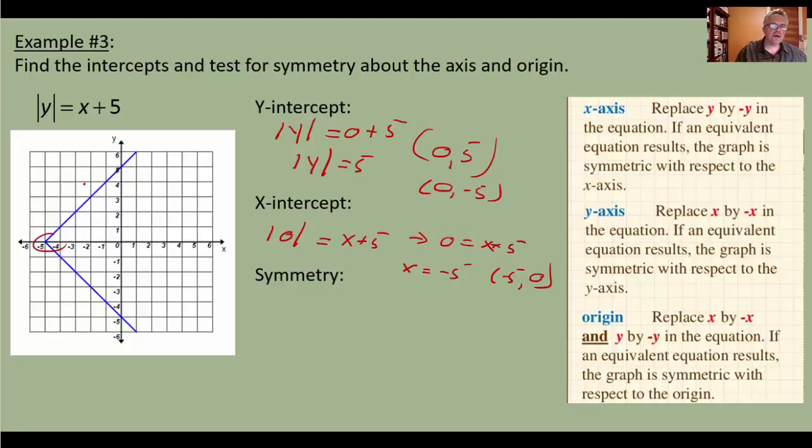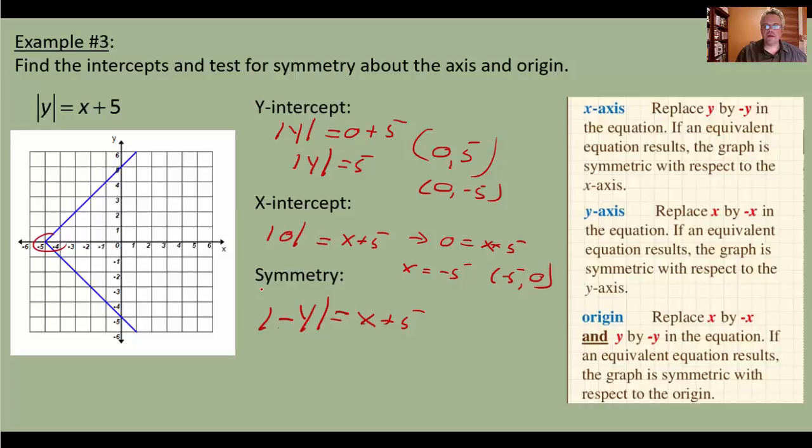Alright, I want to demonstrate algebraically that this graph is symmetric with respect to the x-axis. And I'm having trouble marking it here, but that's the test there. To do that, we replace y with minus y. Alright, so let's try it. I'm going to put absolute value of minus y equals x plus 5.